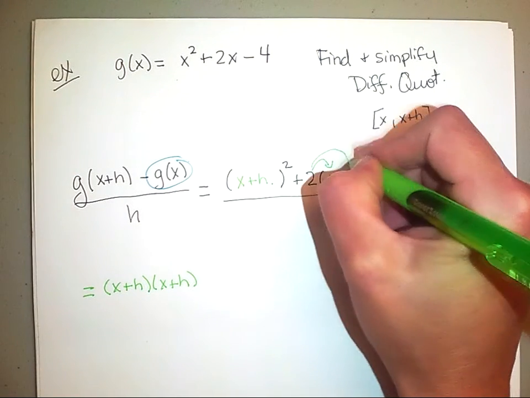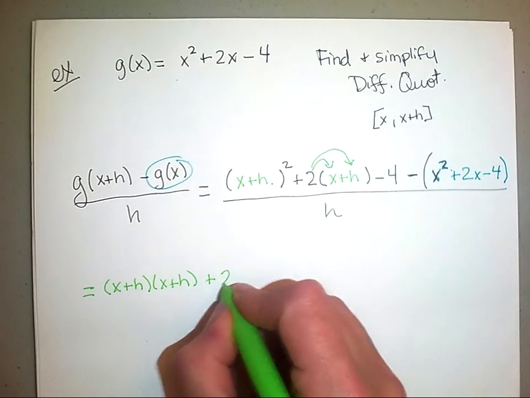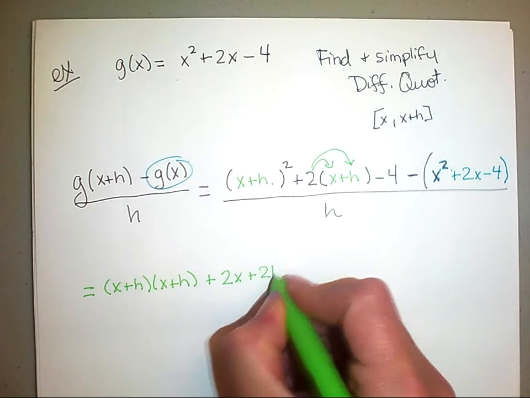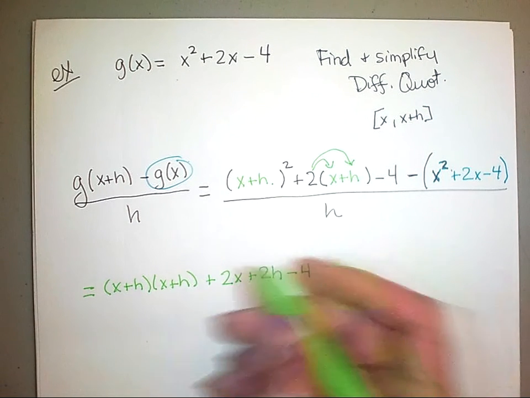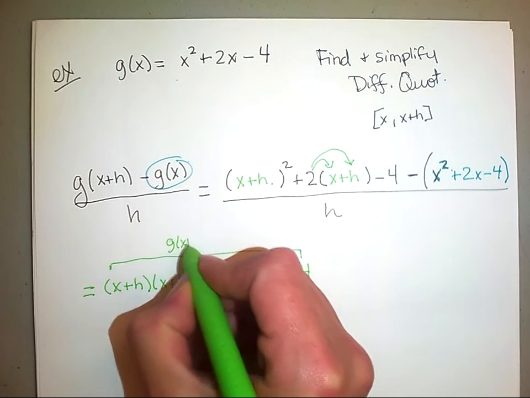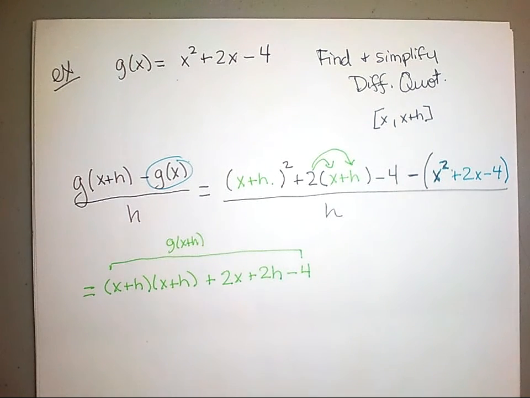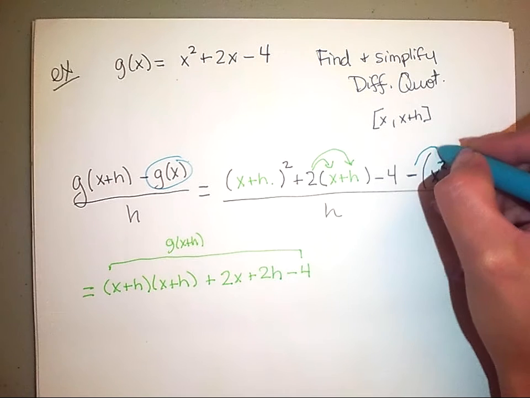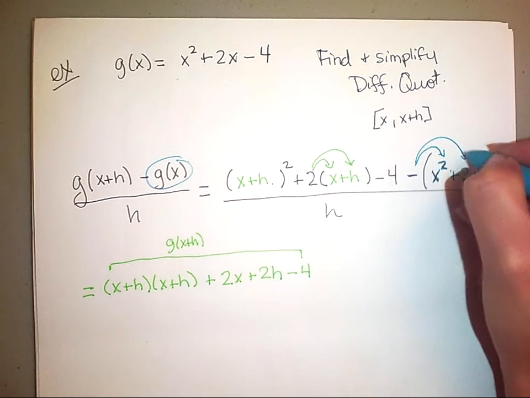Okay, so let's be careful about what this means. Remember, this is x plus h times x plus h. So what I'm going to do now is start expanding this so I can collect any like terms so I can simplify it. Then I'm going to distribute this 2 through. So 2x plus 2h, and then minus 4.